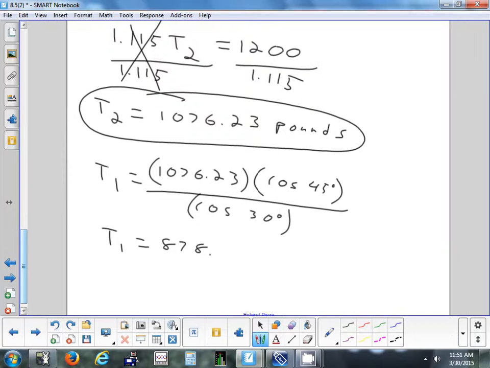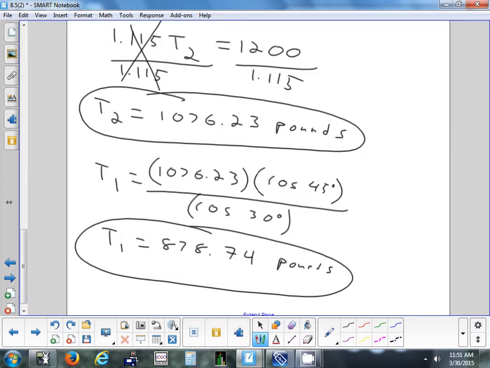Okay, and as I said, the tension doesn't necessarily total 1200. The only way it would total 1200 is if you had two vertical cables exactly the same length and the weight in the box was distributed perfectly evenly, then each cable would hold 600, 600. But when you start doing cables at different lengths, it changes the tension.